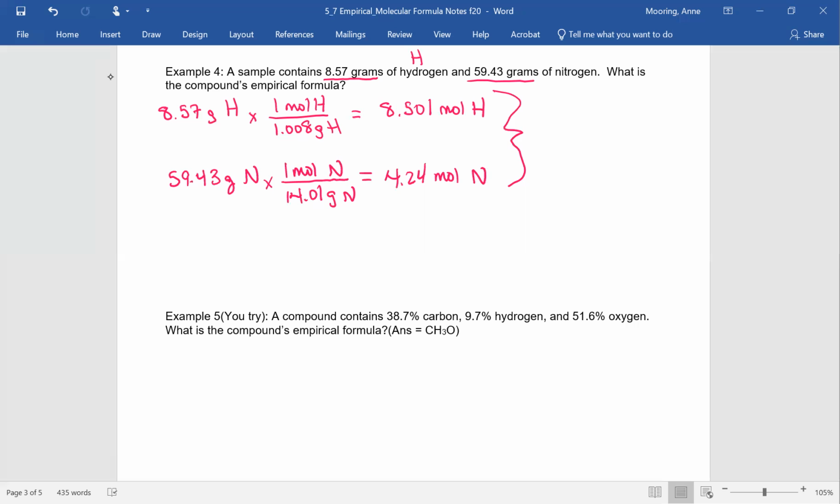We write this out as the subscript. We have H 8.501, nitrogen 4.24, divided through by the smallest, and we end up with H2N as our answer. So if you're given grams directly, just go ahead, convert things to moles, and do what you've done previously.